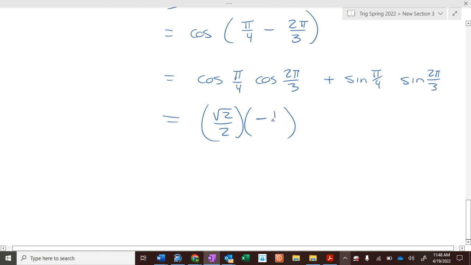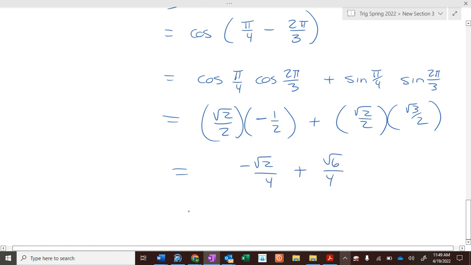Negative 1/2. Plus sine of pi over 4. Square root 2 over 2. Sine of 2 pi over 3. Square root 3 over 2. So it's negative square root of 2 over 4 plus square root of 6 over 4, which in the end is negative square root of 2 plus square root of 6 all over 4.